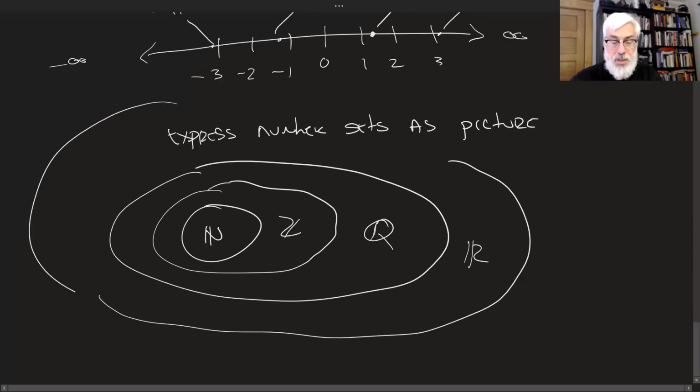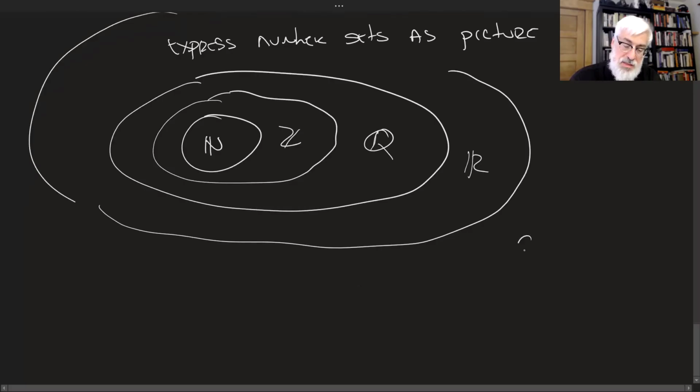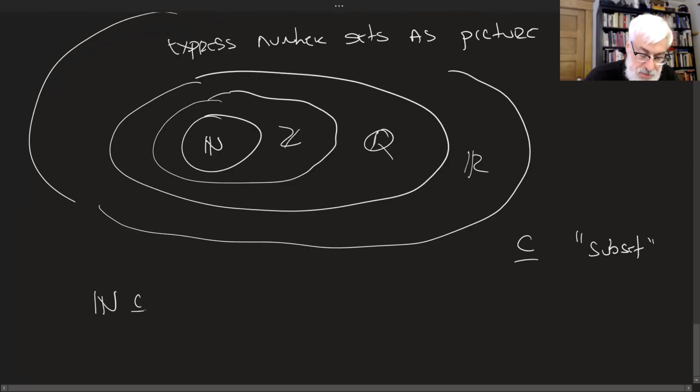So if I use the concept of containment, we won't get too deep into this. This means subset. It's a way to denote what we've just drawn. So the natural numbers are a subset of the integers, are a subset of the rational numbers, are a subset of the real numbers.